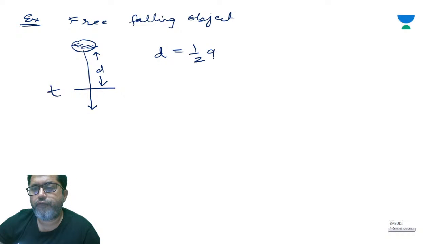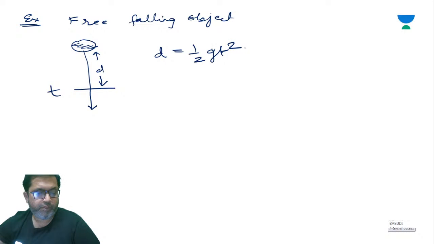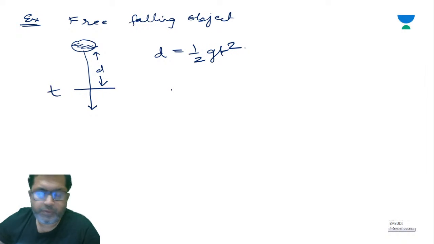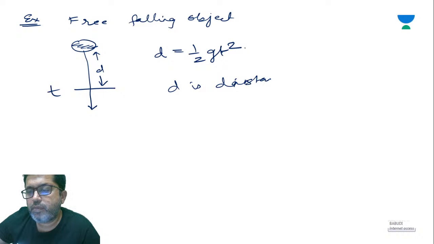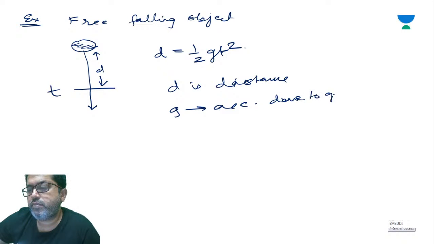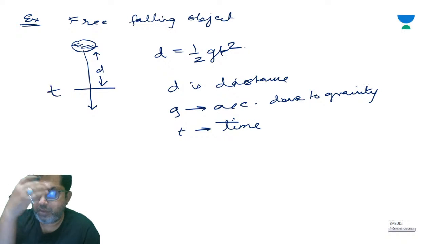Distance traveled is equal to half g t square, where d is the distance, g is the acceleration due to gravity, and t is the time.